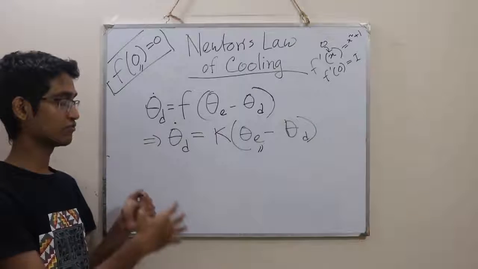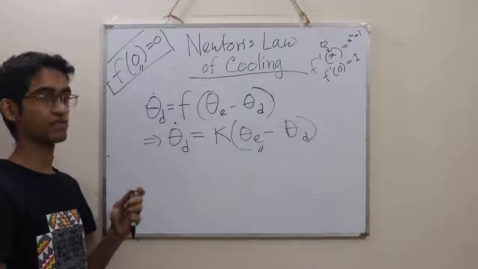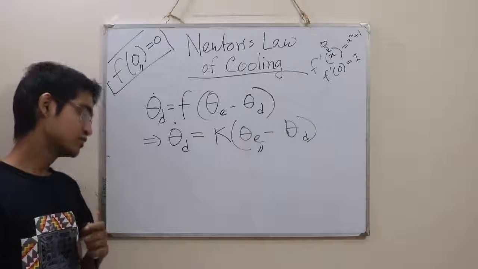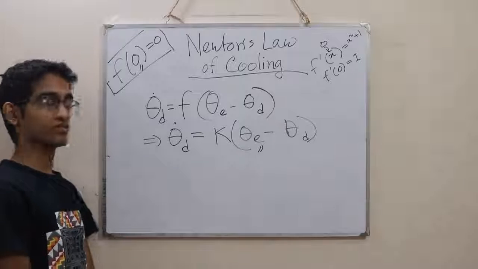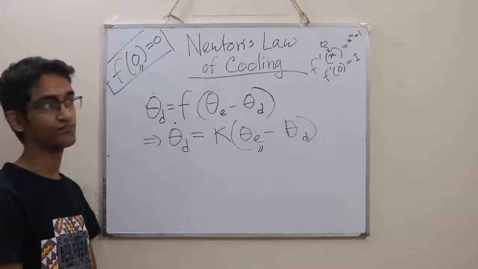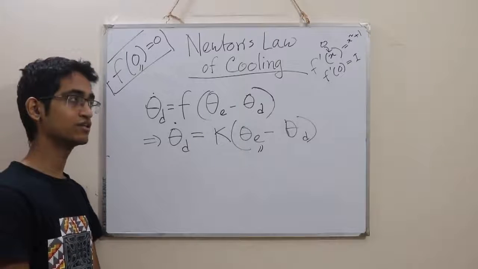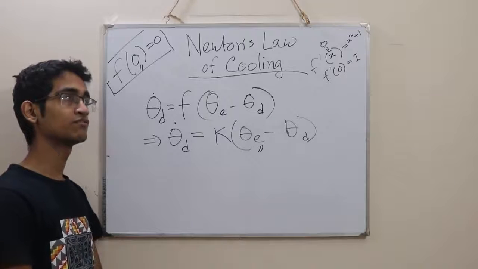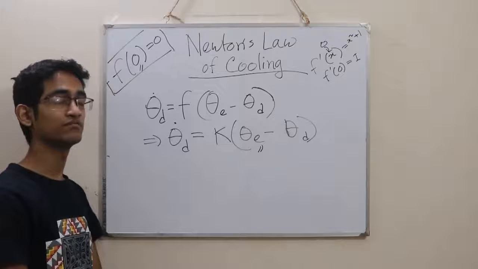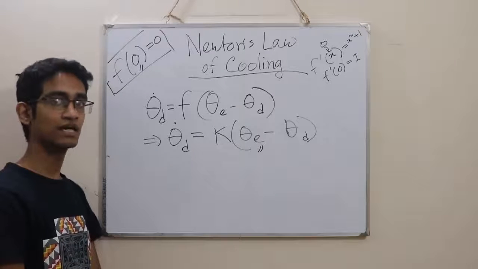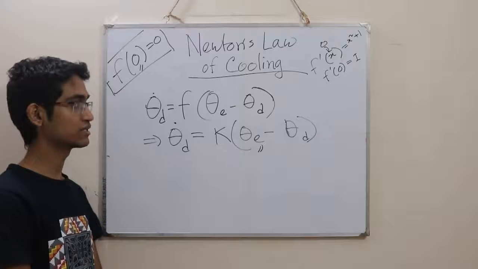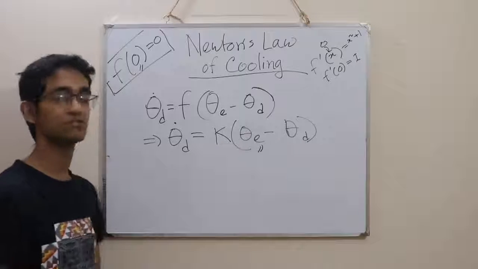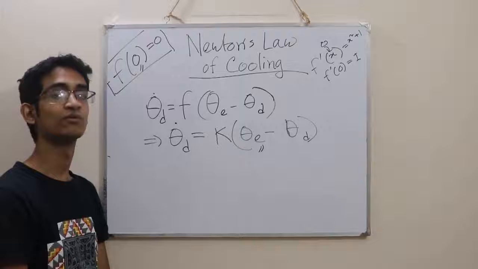This law was described by Newton himself, and there is a limitation to Newton's law of cooling, and that limitation maybe some of you have forgotten and some of you remember. That limitation is that the difference between these two temperatures has to be small.